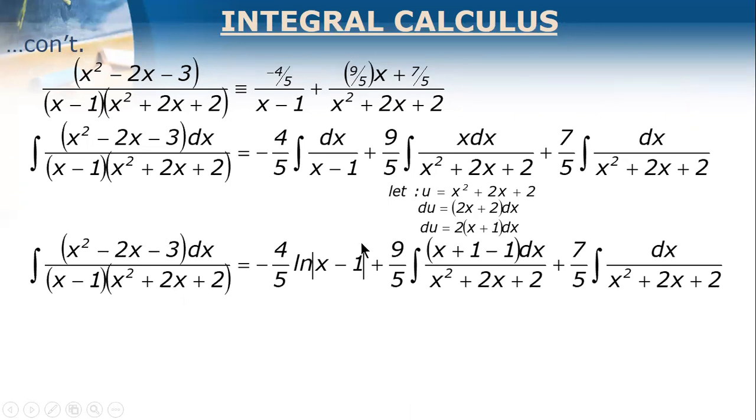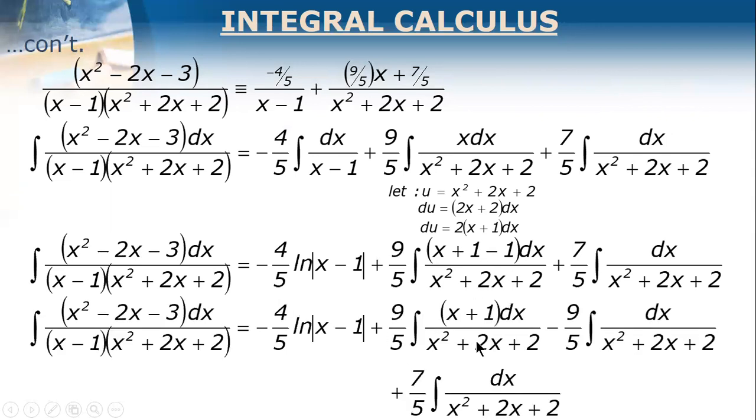And we will separate x plus 1 from minus 1. Okay, like this. So x plus 1 separated, minus 1, times 9 over 5, we have this. So when we integrate, if this is our u, x squared plus 2x plus 2, we have du equal to x plus 1 dx. Okay. Right? So we already have solved the second term.